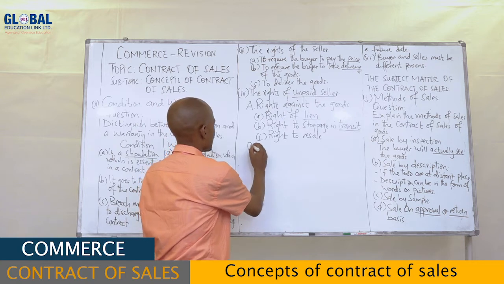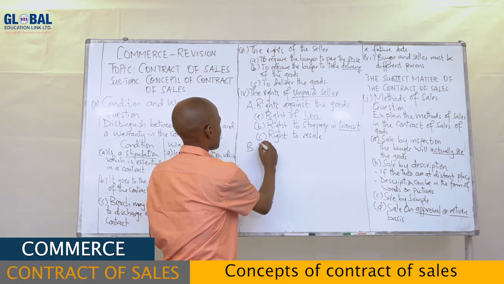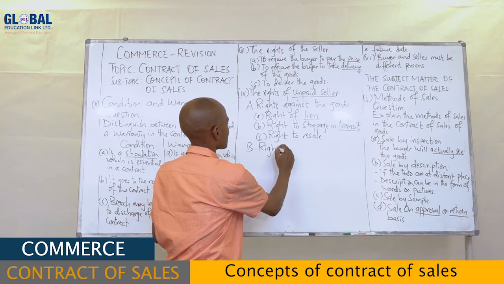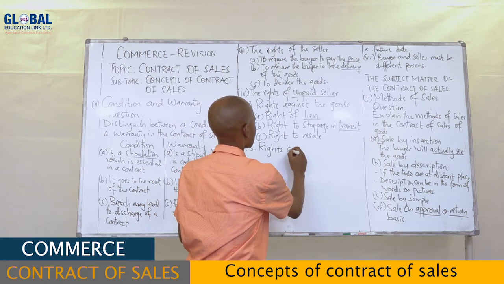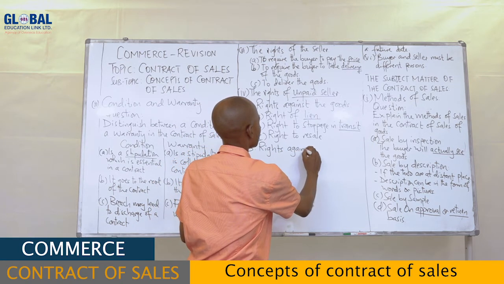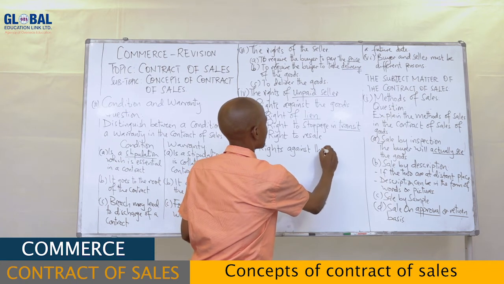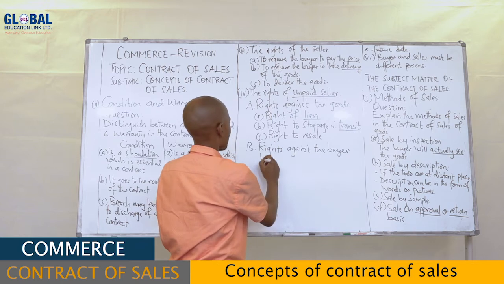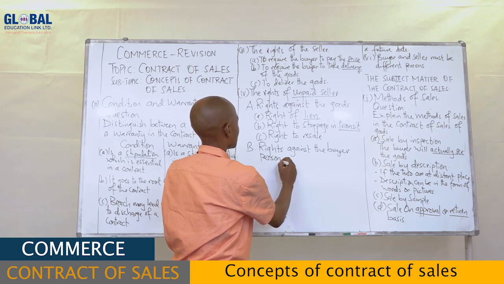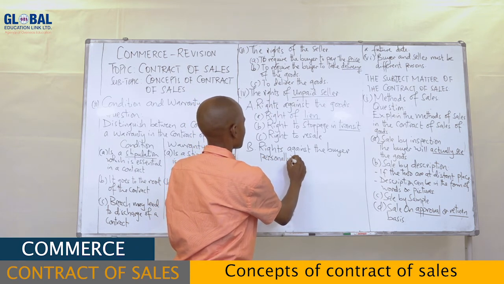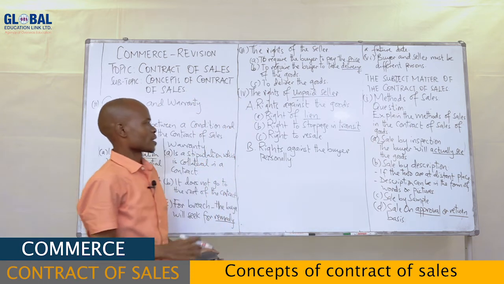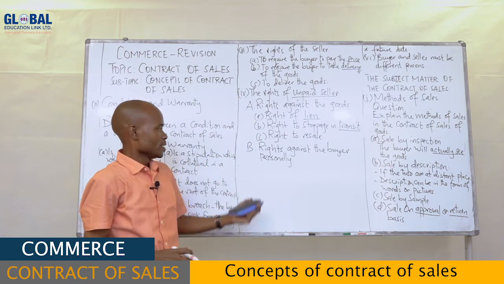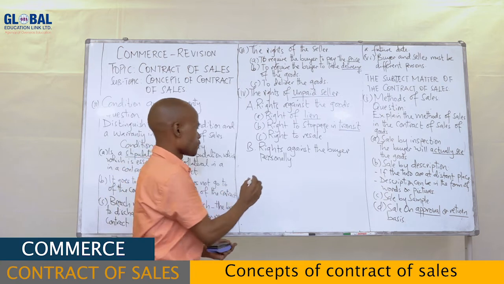Now the second part is about rights against the buyer personally. Here he will have the following rights.